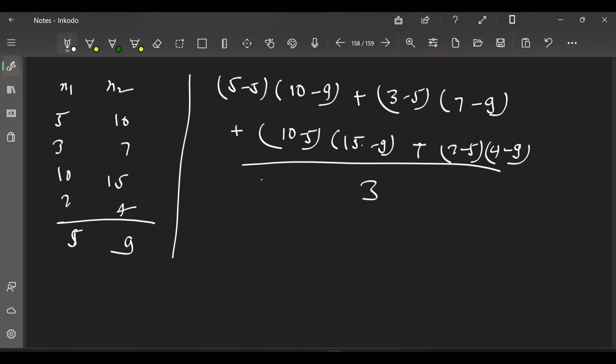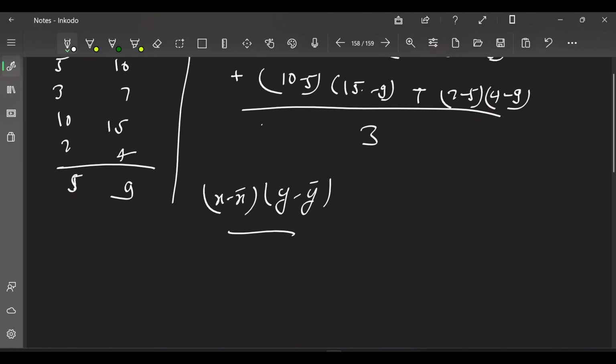So how have we calculated it? See, (x minus x bar) into (y minus y bar). We have to calculate this, and whatever value we get, we have to divide it by n minus 1. Okay, so this is how you have to find the covariance.